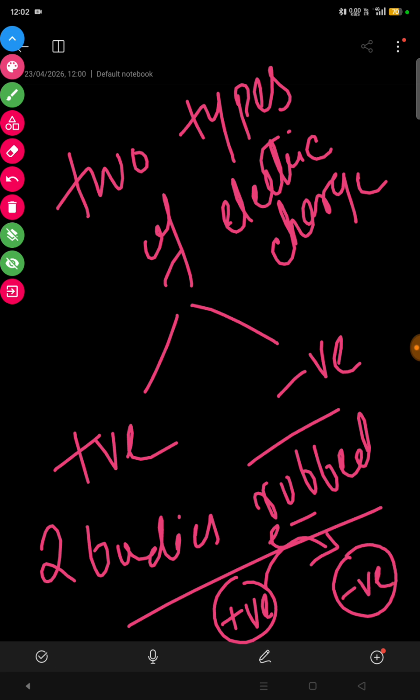In this manner, the two types of charge are produced. Electrons are transferred from one body to another.